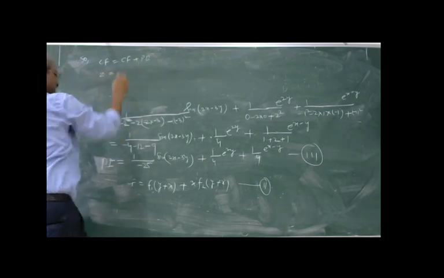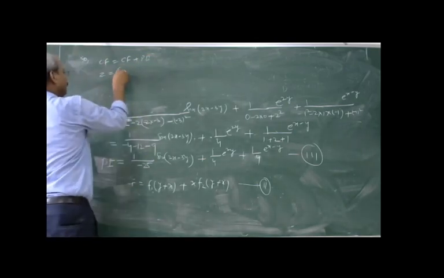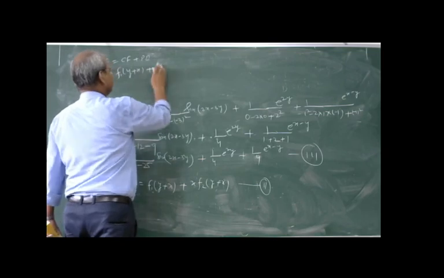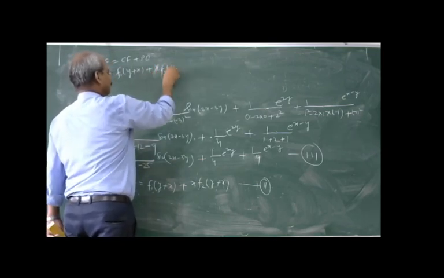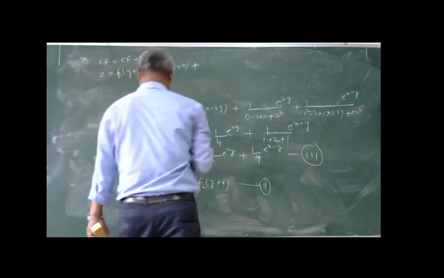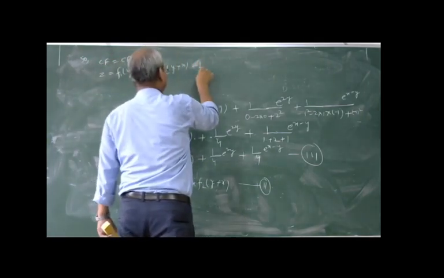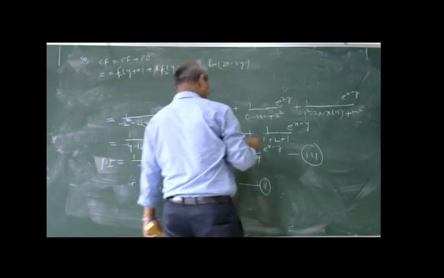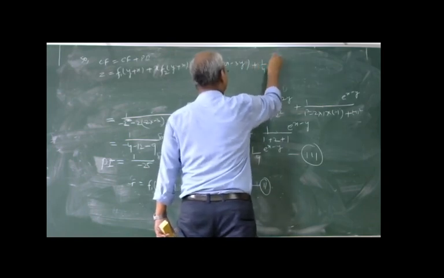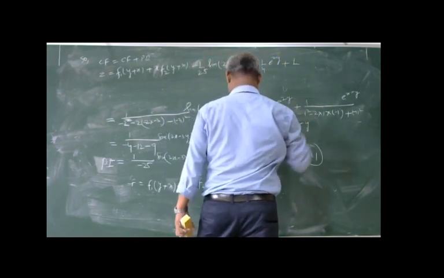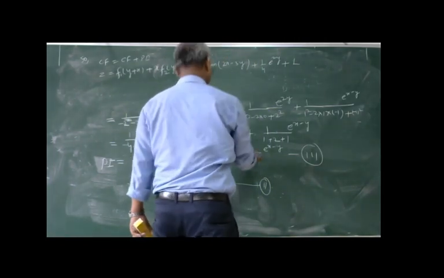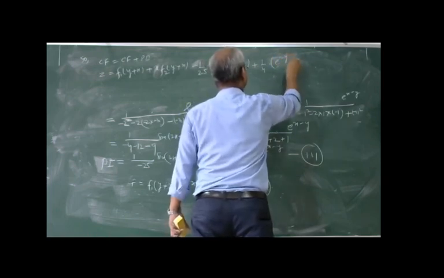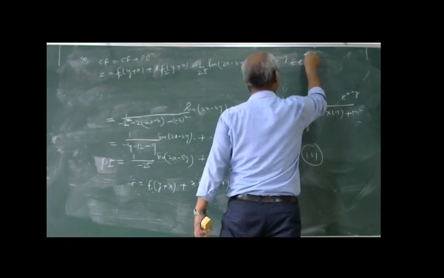So z equals f1(y plus x) plus x f2(y plus x), because of the repeated root, plus PI: minus 1 upon 25 sine 2x minus 3y plus 1 upon 4 e to the power 2y plus 1 upon 4 e to the power x minus y. Since 1 upon 4 is common, it can be taken out: e to the power 2y plus e to the power x minus y.